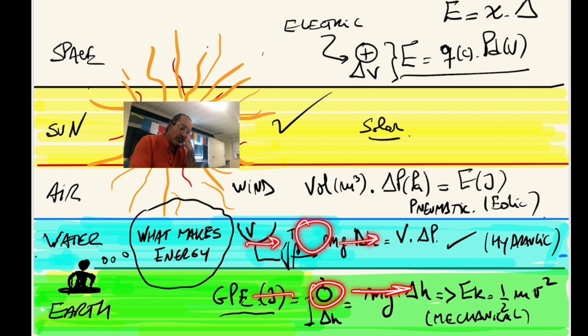Same thing with the volume of water. Same thing with an apple or a stone that needs to be pushed by some force. In this case, it could be the force of gravity, or it could be the work done by any force to push any stone. So that's a very important concept in physics, the concept of energy.